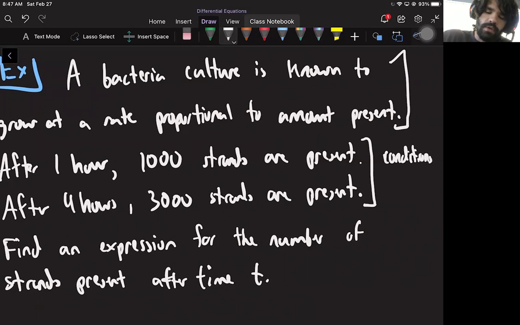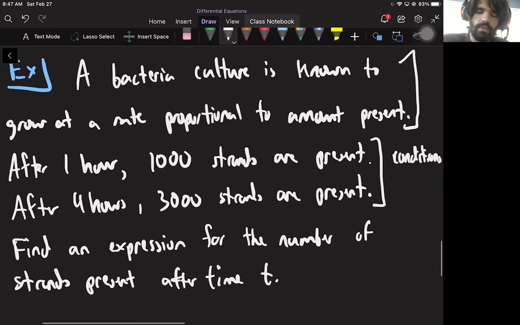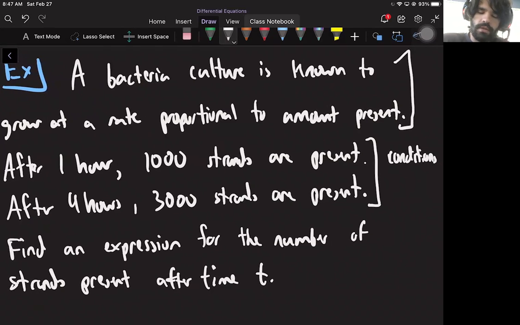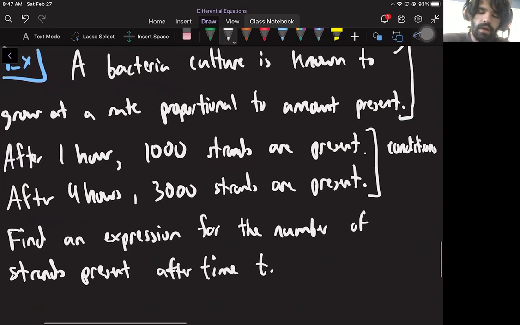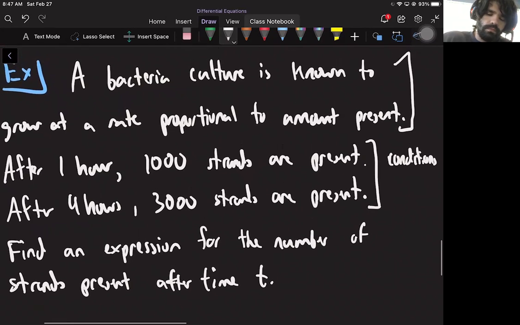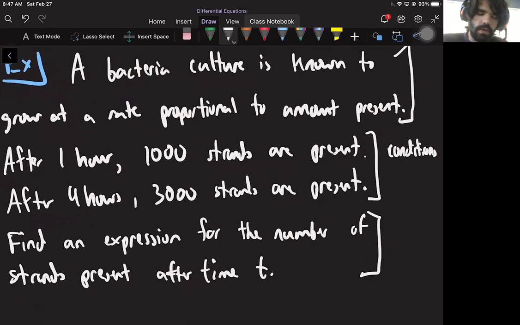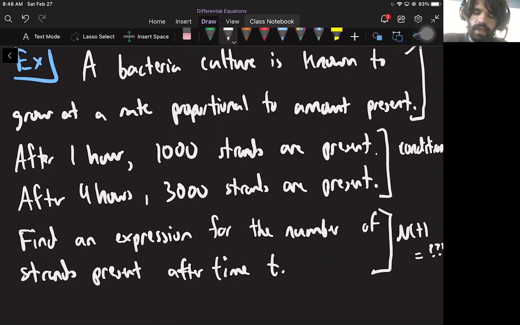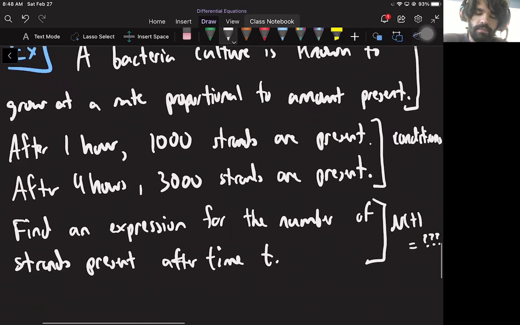So we've done initial value problems, and it sort of works the same way as those problems did. And then this last part is just telling us what we want to actually do, which is we want to find n of t, because we're trying to find an expression for the number of strands. And in this problem, n of t is the amount of bacteria.